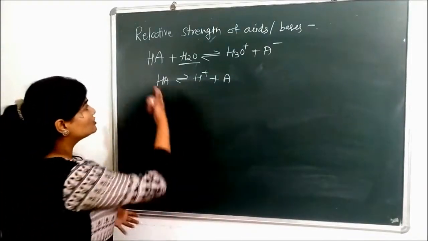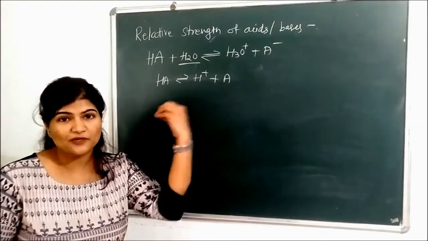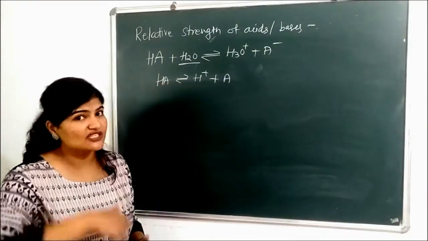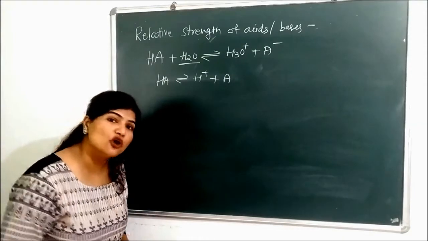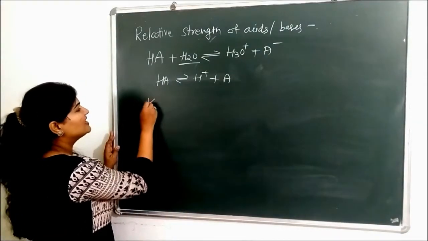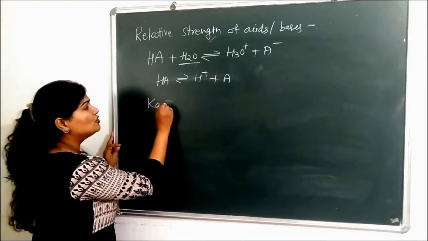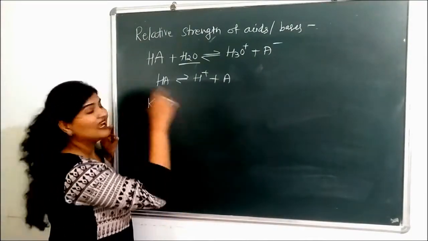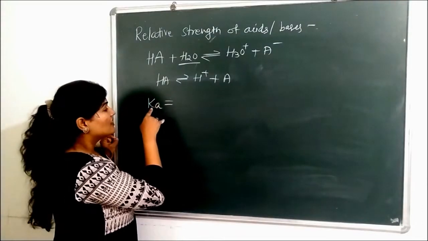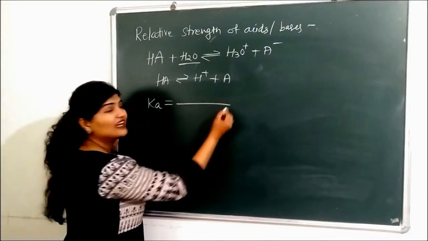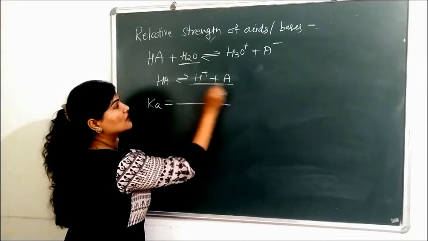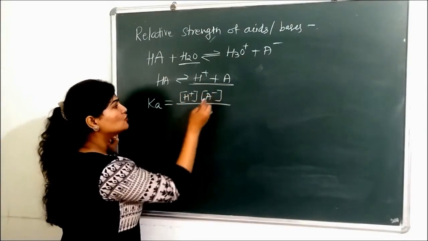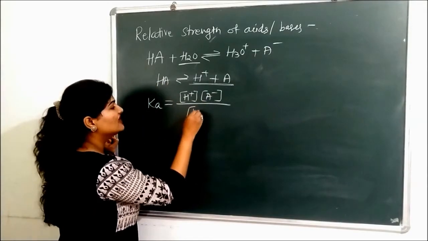Coming back to the equation, HA gives H+ plus A-, the reaction is reversible. As you know, for reversible reactions, if we want to determine the dissociation constant, since this is an acid, I will write Ka here. I know how to determine the expression because we have just studied the law of mass action, and it states that the dissociation constant will be the ratio of concentrations of the resultant products of the reaction to the concentrations of reactants.